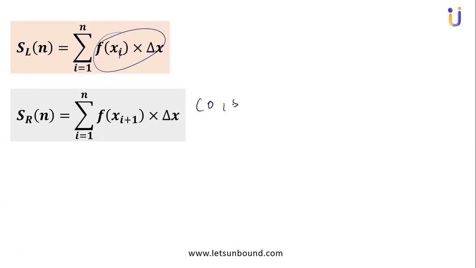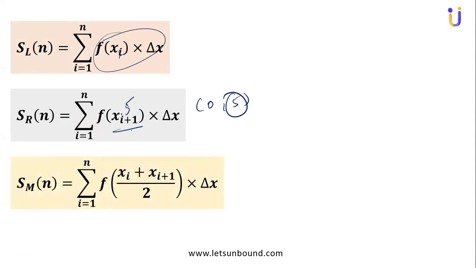If the interval is 0 to 5, I will choose 5, right? So the right endpoint denotes x i plus 1. And for the midpoint, it's the midpoint of those values, (xi plus xi plus 1) by 2. 0 plus 5 means I will be plugging in 2.5 here. So that's it.